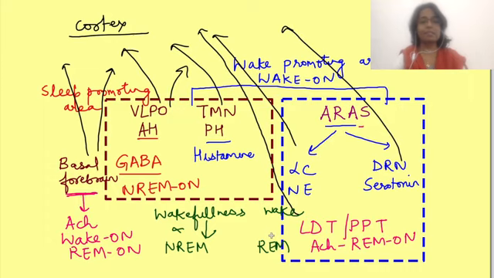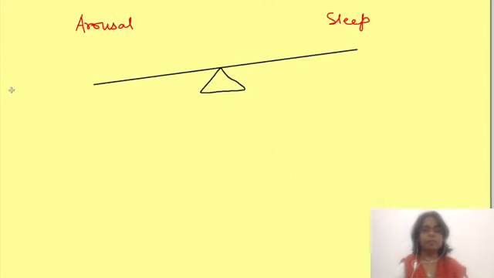So there is interaction between these reticular system nuclei for switching from REM sleep to wakefulness. Okay? And there is interaction between these hypothalamic and brainstem nuclei to switch between NREM and REM sleep and to fine tune other switches.